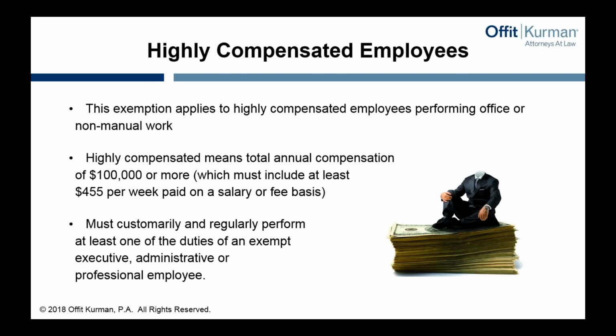All right, so the last exemption that we're going to cover today is the highly compensated employee exemption. And I kind of refer to this as the diet white-collar exemption.